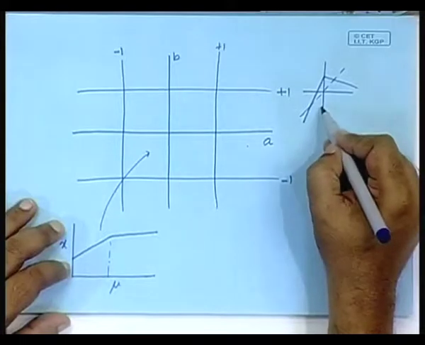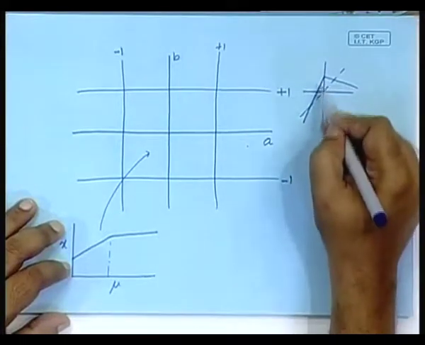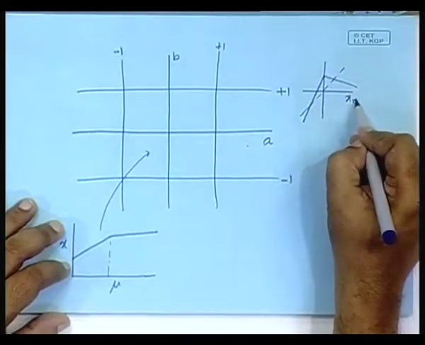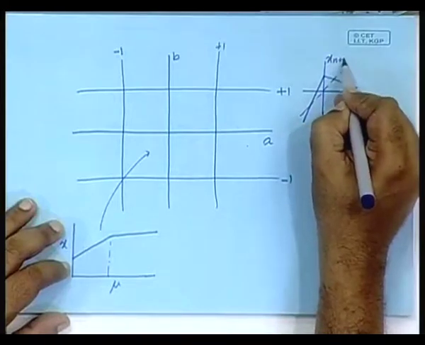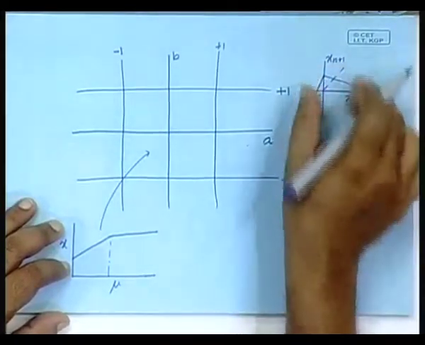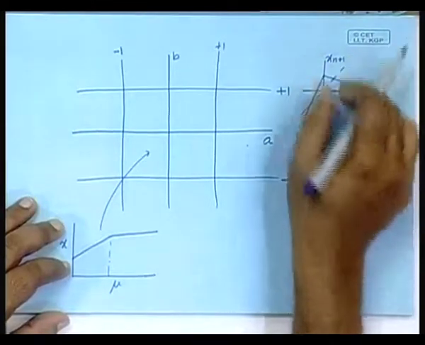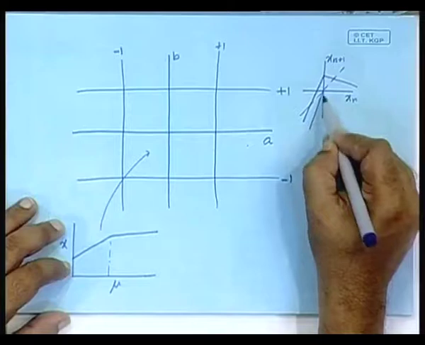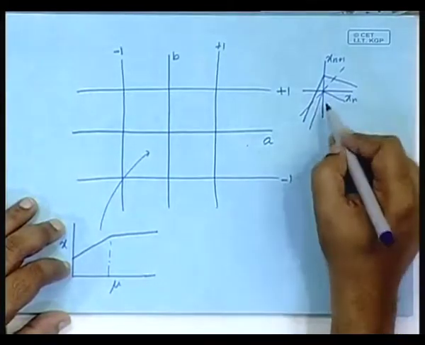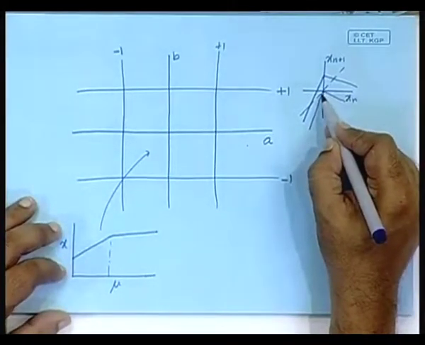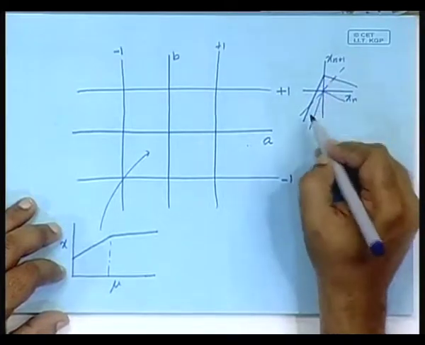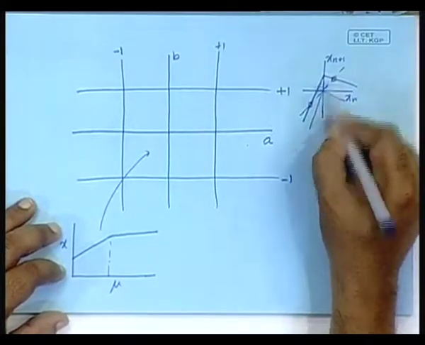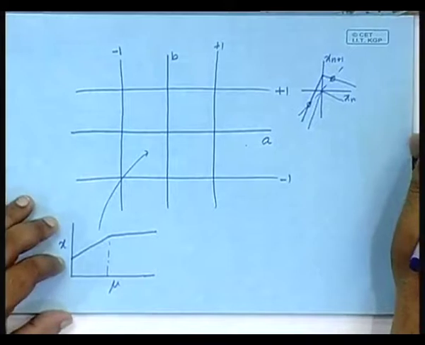As you can see, this is the graph of the map, x_n versus x_{n+1}, and as you change the parameter mu, it goes up. At a specific parameter value, it would go into a situation like this. Before that, there would be no fixed point, and at this point two fixed points will be born, this one unstable and this one stable.